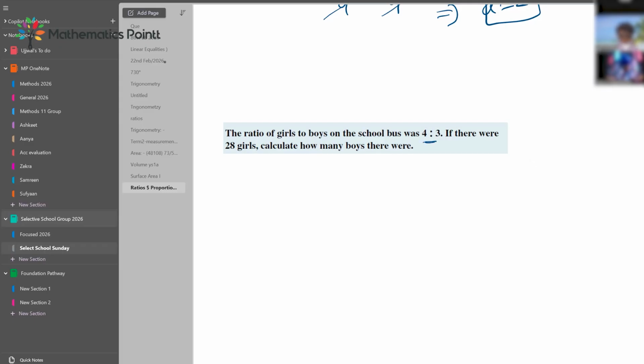My ratio was 4:3, girls to boys. So girls to boys, 4:3 equals, again, you have to maintain the same order. You cannot have boys to girls now. So you have girls to boys here.